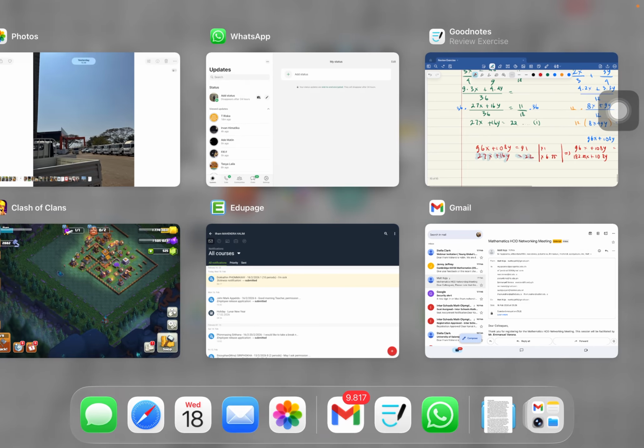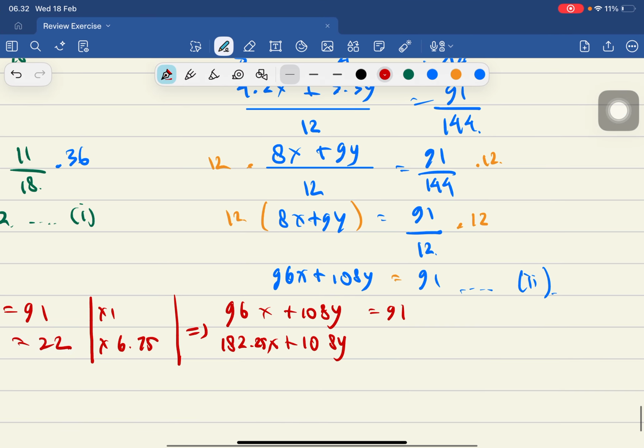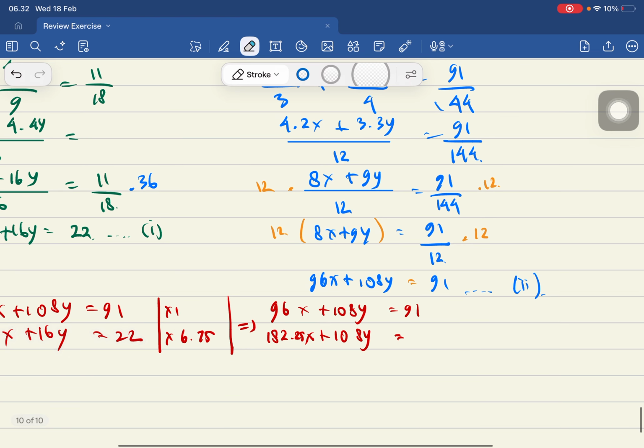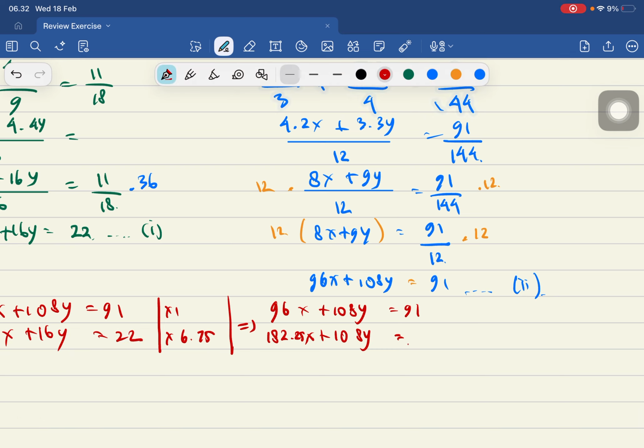Sorry. And here we got 22 multiplied by 6.75. So this is going to be the answer, 148.5. Okay, we can minus it.